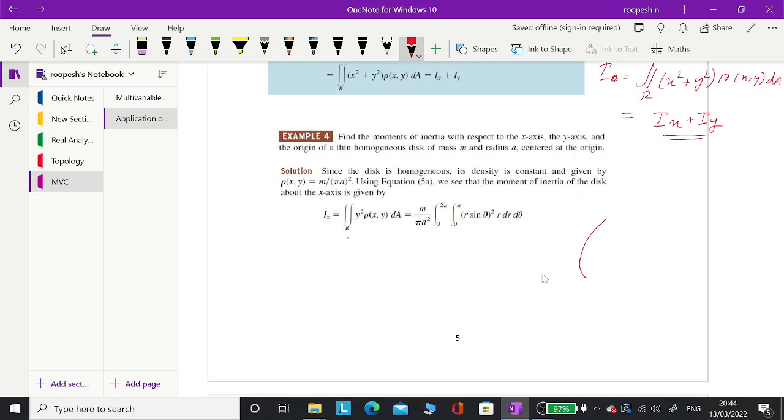So a thin homogeneous disk is given which is centered at the origin, that is 0, and disk of mass m and radius a, its radius is going to be a. Then we are asked to find the moment about x-axis, y-axis and origin, right?